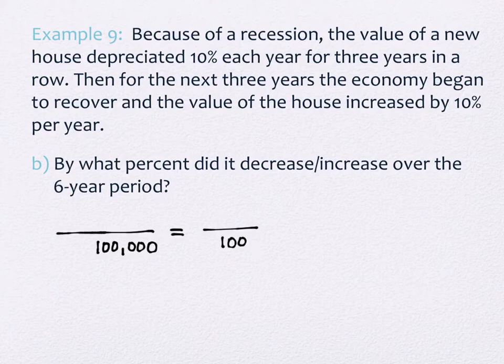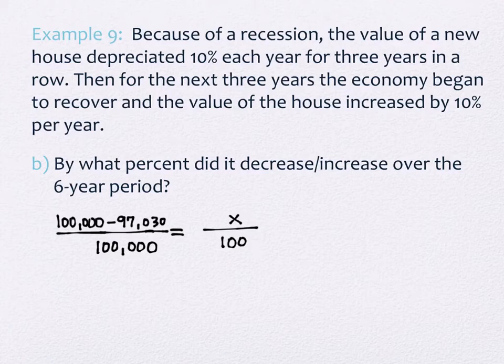Well, it started at $100,000 and it went down to $97,030. So this numerator that I'm writing in right now is the loss. It's how much I lost on my house's value. Make sense? And I can figure out what percent that is as the missing piece in my proportion. What percent did I lose?